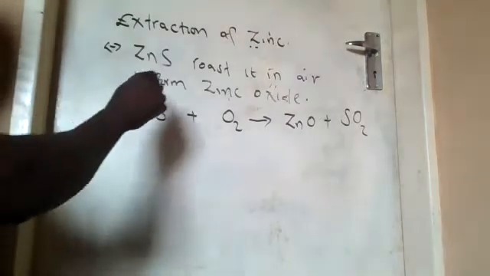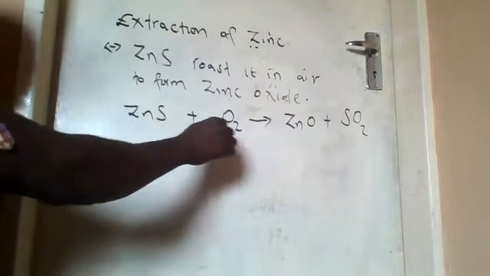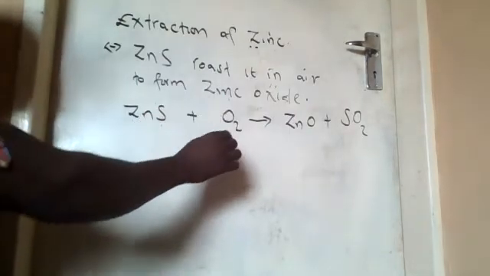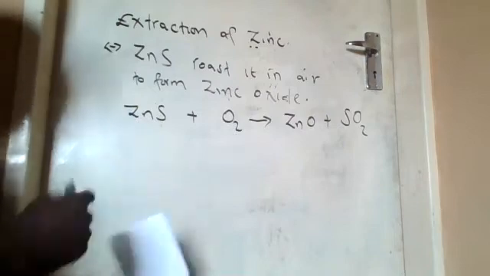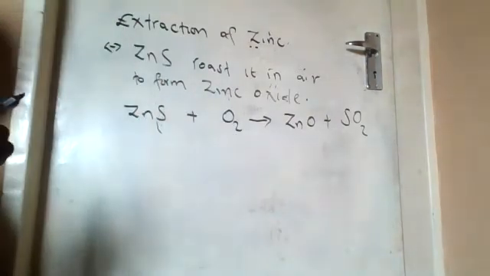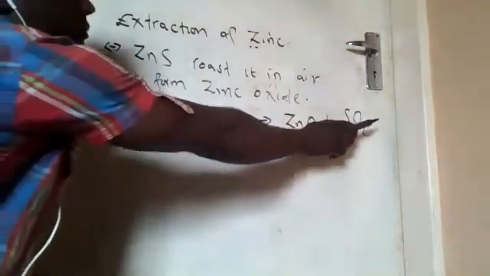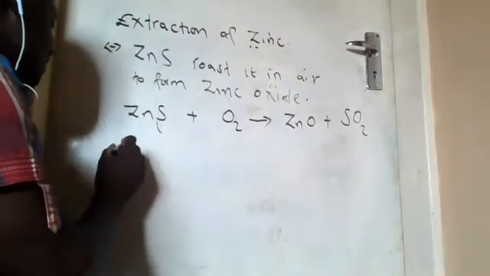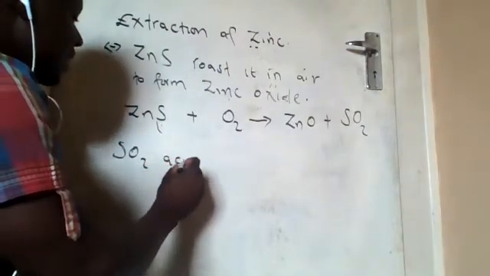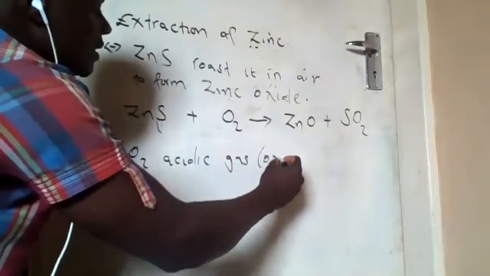You can see we have zinc sulfide being roasted in air, which is the oxygen being added to this. But what happens is that the sulfur will go out to combine with the oxygen to form an acidic gas.